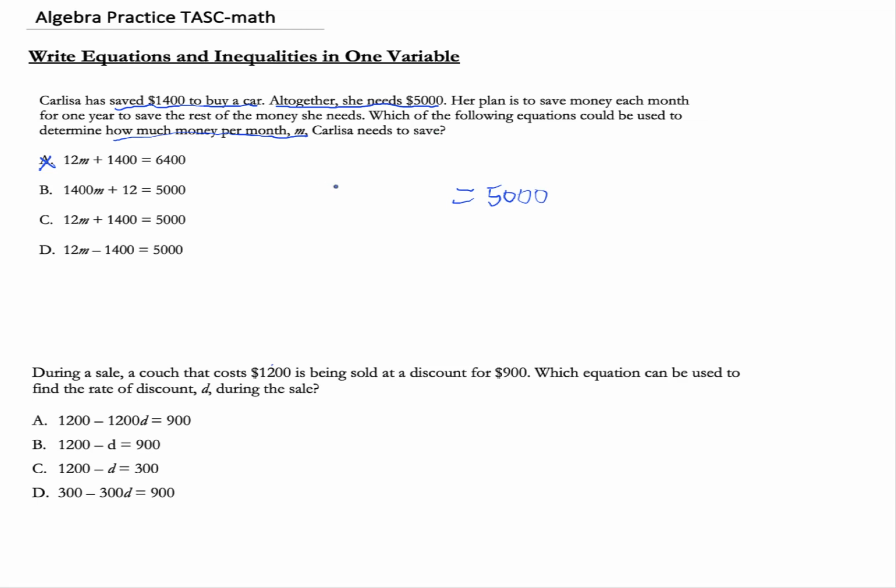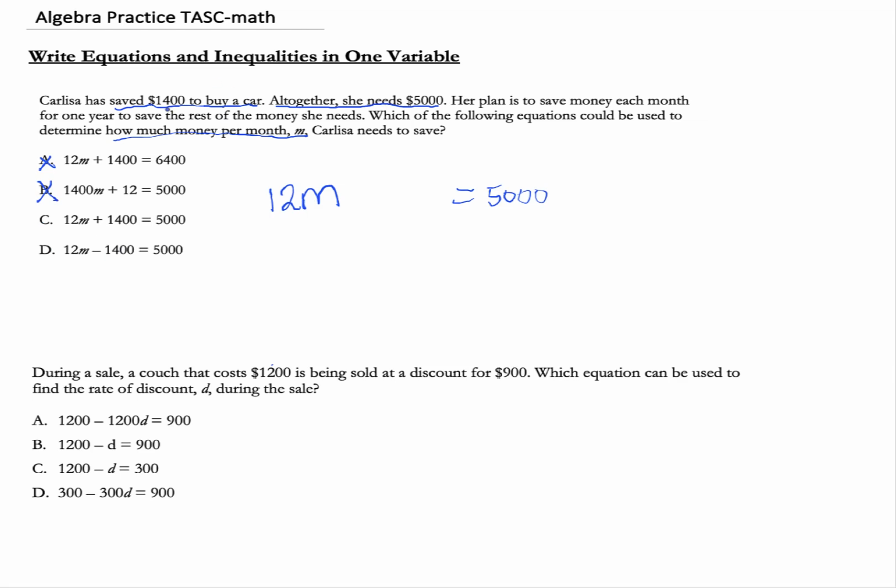We know she's going to be saving this money in a year. She's going to be saving each month. Now, how many months are in the year? 12. And we don't know how much money she's going to be saving, so we'll call that M. So your equation is going to have a 12M. So we can eliminate B. So now we're down to 50%. Our answer is either C or D.